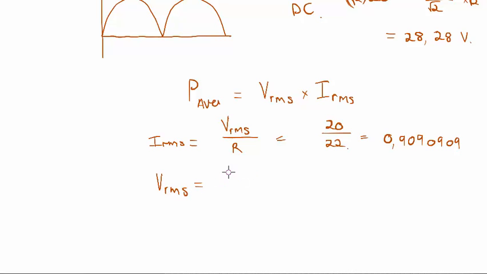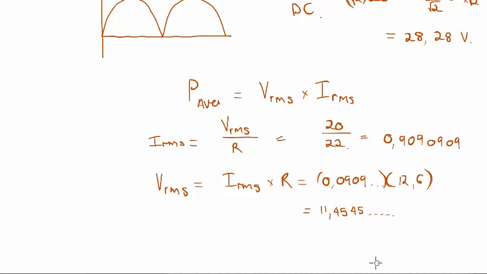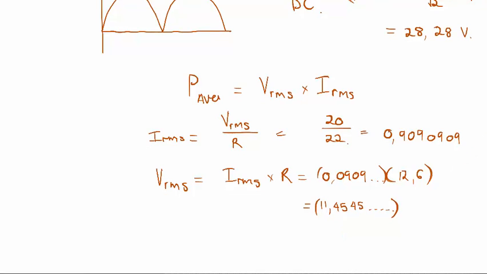We must first calculate how much voltage he gets. He gets the whole current times his resistance. So 0.0909 times his resistance of 12.6, and so the volts that he gets is 11.4545, etc. Again, I'm not going to round because that's not my question.